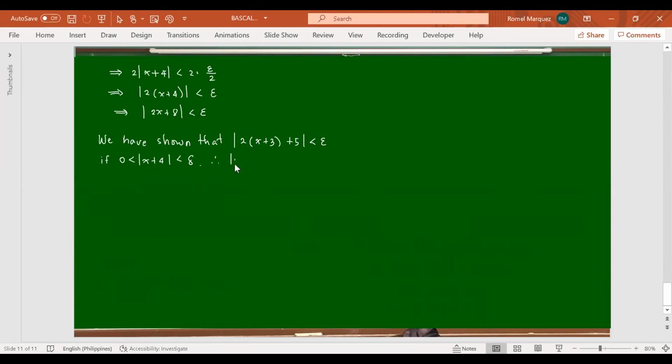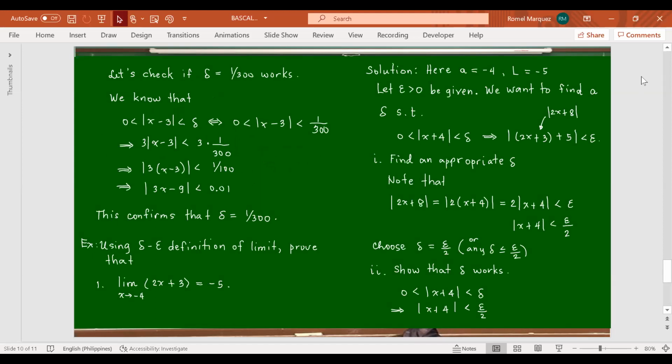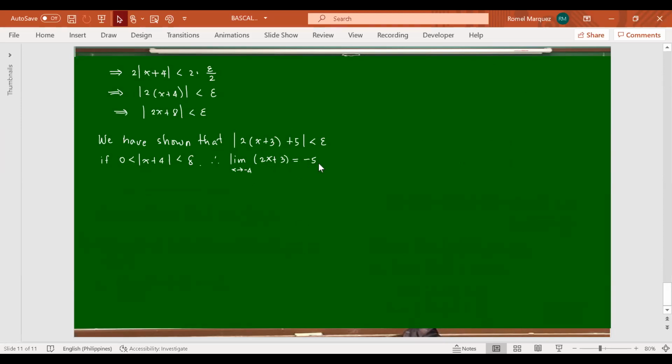Therefore, limit of 2x plus 3 as x approaches negative 4 is equal to negative 5. Okay, so that's it. That's how to prove using delta-epsilon.